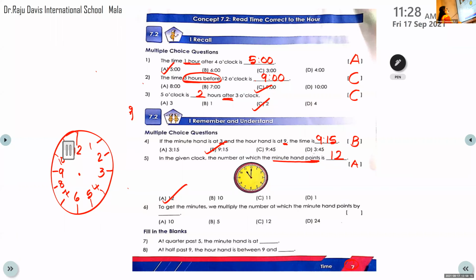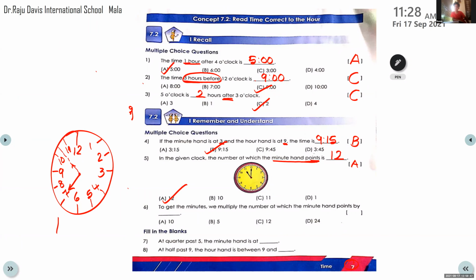See. Suppose the short hand is at 10 and the long hand is at 7. So what is the time now? Ramin? What is the time shown in this clock which I have drawn here? The short hand is here.